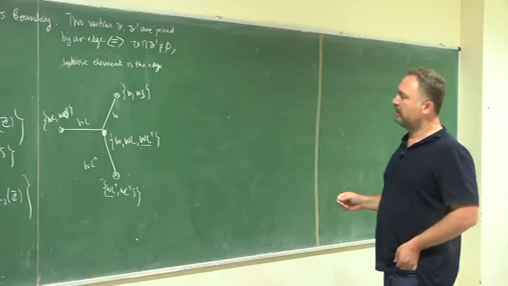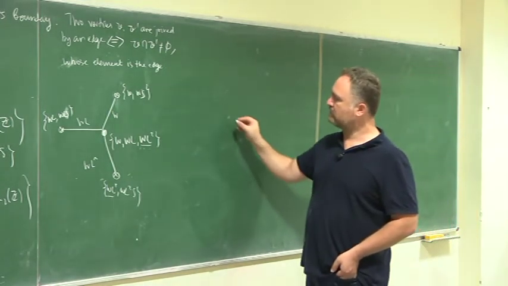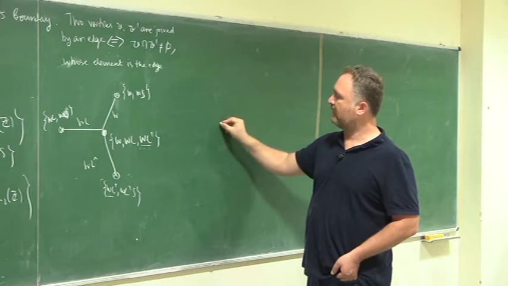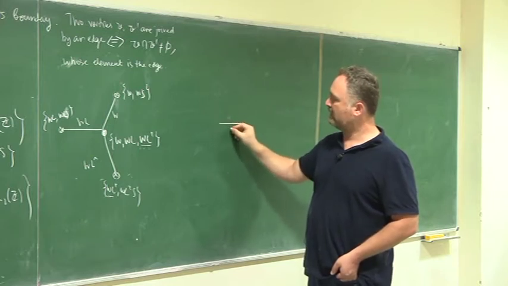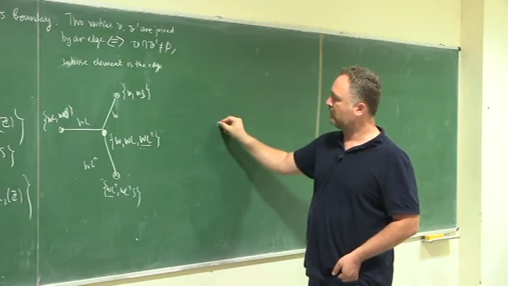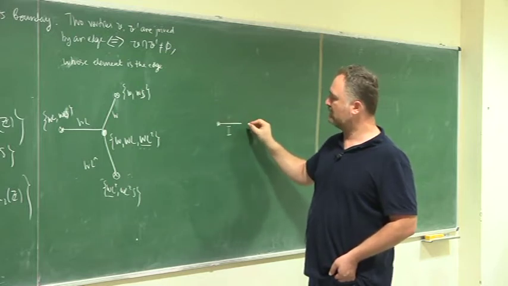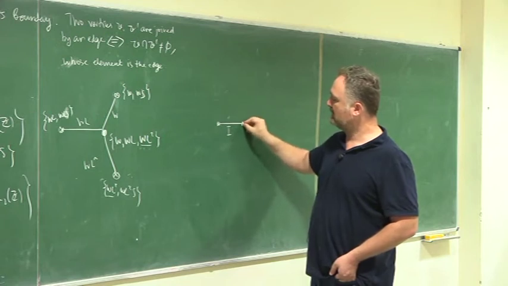More generally, I can construct my tree as follows. I start from the edge, which is named by the identity element of the modular group. One end I denote like this, the other like this.